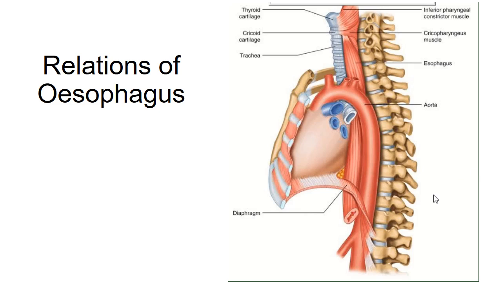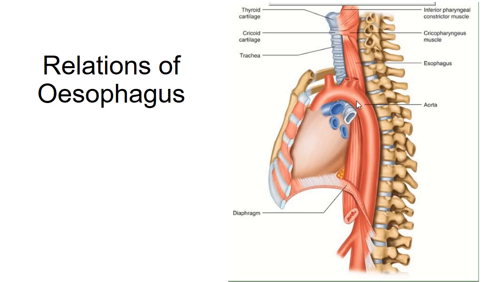To the right side, the esophagus is related to the right lung and pleura, azygos vein, and the right vagus.